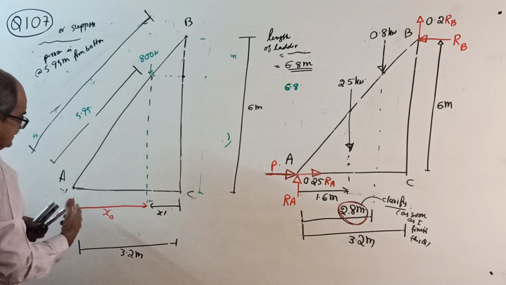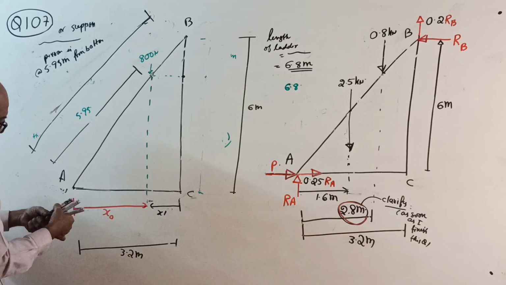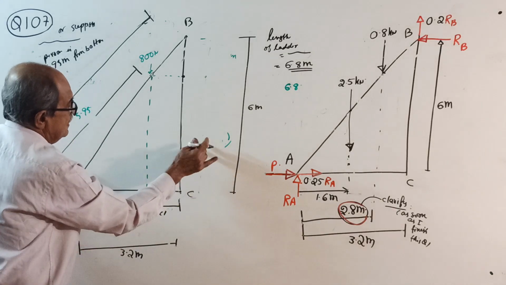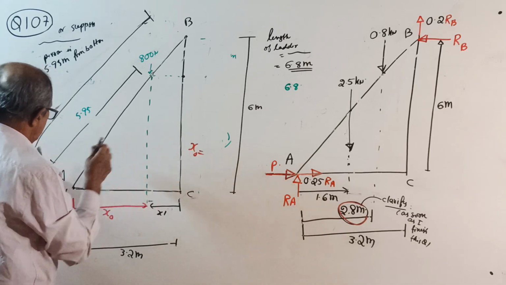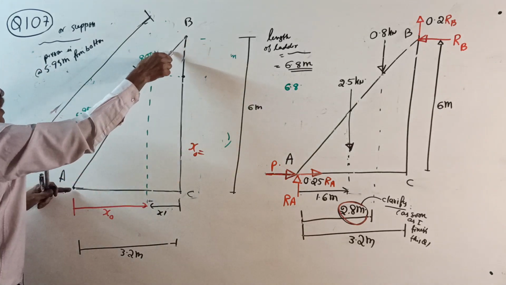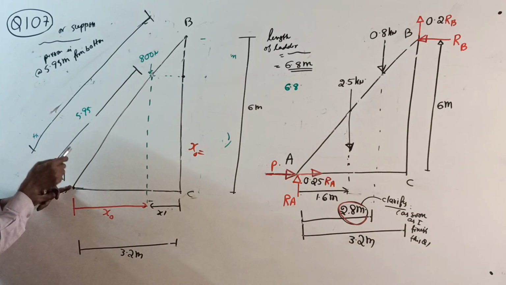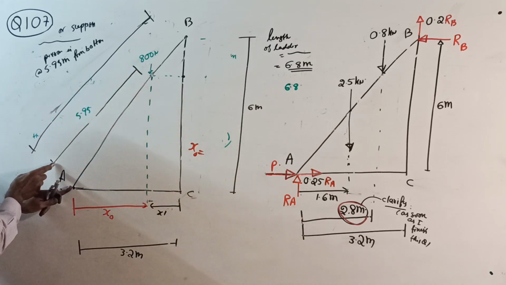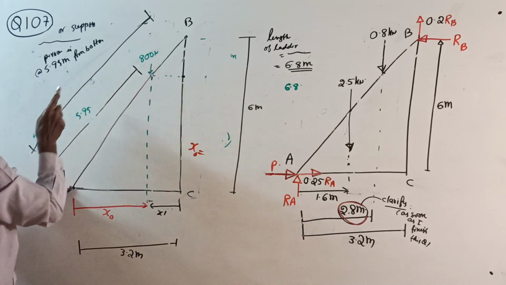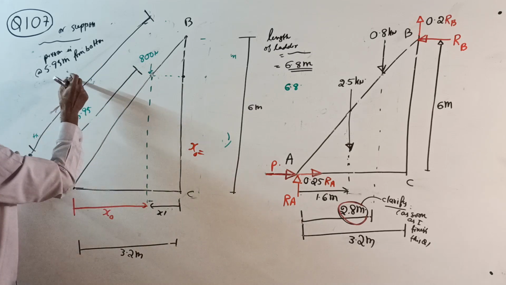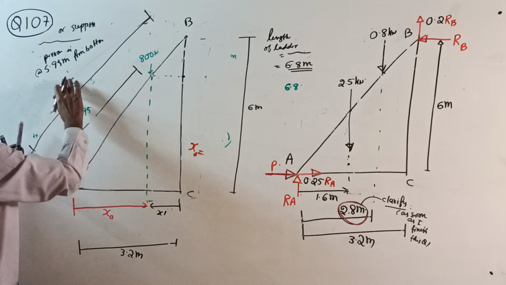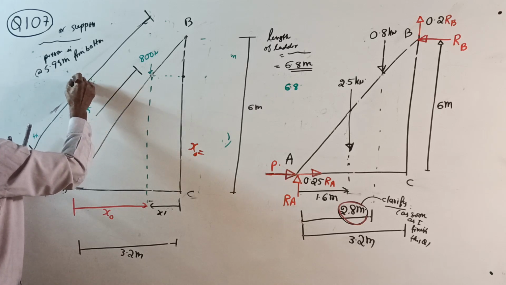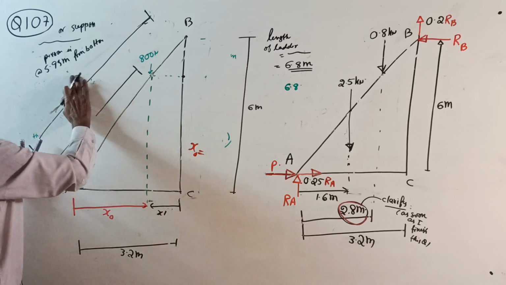Then your x naught will directly come. Along this ladder, you stand here. From here, he is at 5.95 with respect to the known value 6.8, black color.